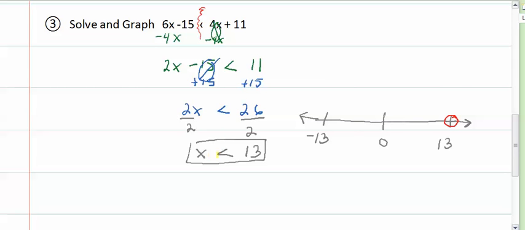X is on the little side of the inequality, so x is littler than or less than 13. So all the numbers in that direction would be answers to our solution, except 13 does not include it because it's not equal to 13.